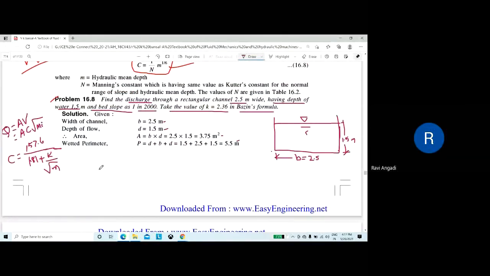Is it correct? Right. Now you calculate the value of C and tell me the answer.